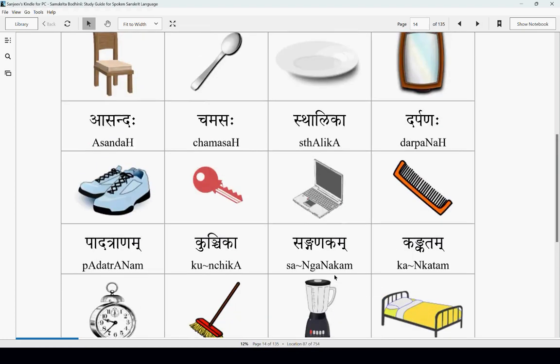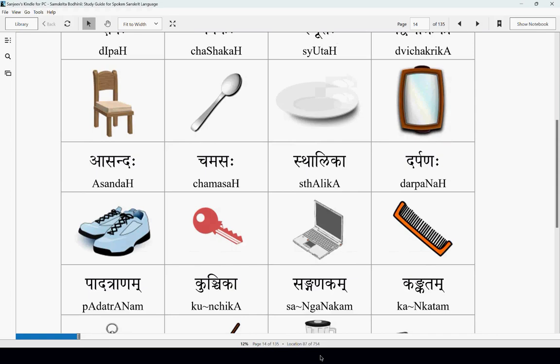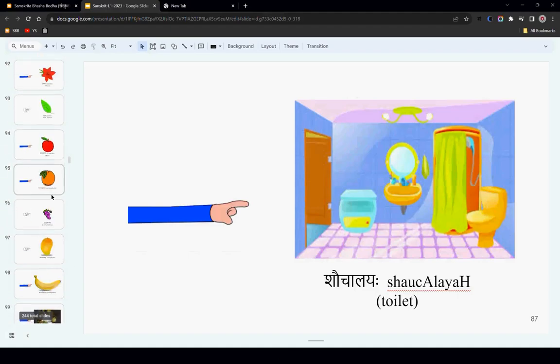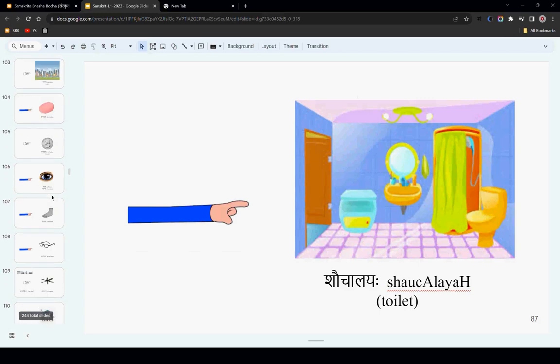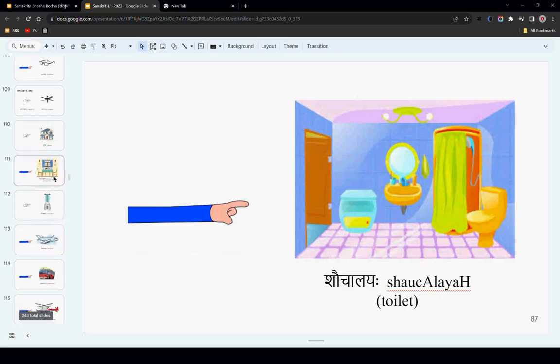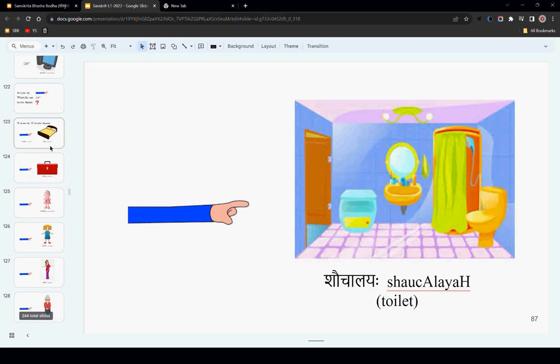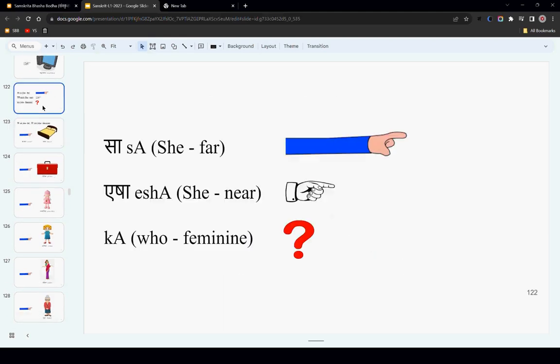Okay. There are more examples on the slides here. If you scroll down, yeah, for example, starting from here, Sa, Strilinga words starting from here, Sa, Esha, Ka.